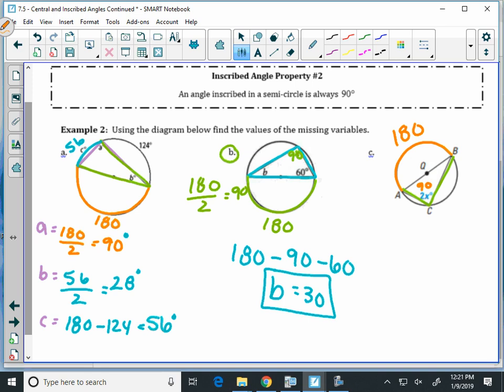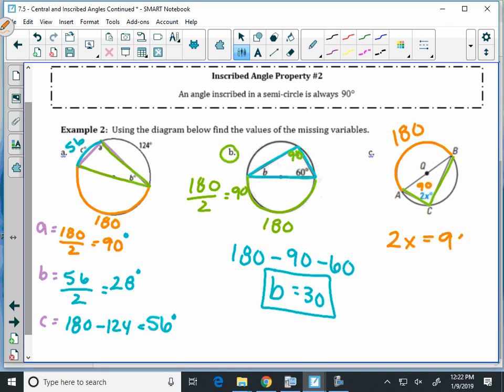But I also know that angle is 2x. And we have an expression. Whenever we have an expression, what can we do? We have to set up an equation. How are we going to set up an equation to figure out what x is? Yeah, very good. We're going to set them equal. If I know this angle is 90, I also know this angle is 2x.